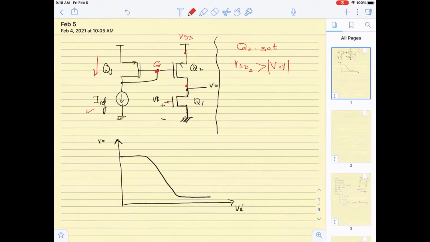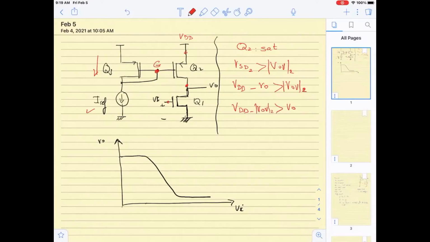that VSD2 is greater than VOV, and we will call this 2 because Q1 also has its own VOV. Therefore VS is VDD, and VD2 is VO, and we want this to be greater than VOV of the PMOS. Therefore, the condition is VO is less than VDD minus VOV2.